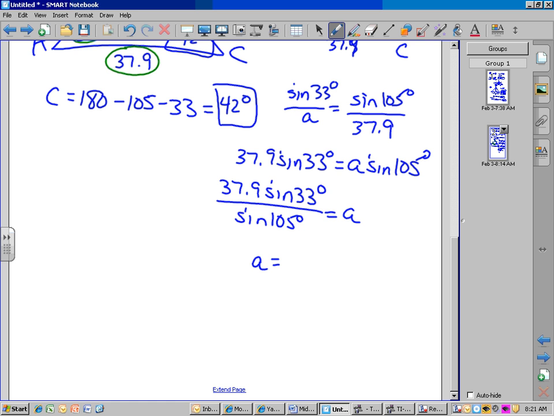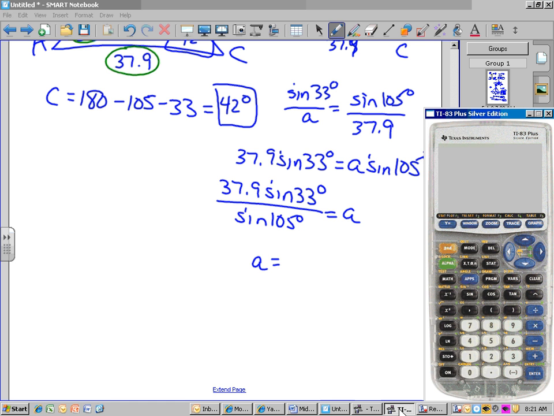So let's put that into our calculator. 37.9 sine 33 divided by sine of 105. Looks like 21 point. Well, let's see, what do we want to round to? Let's just go to the nearest tenth. So 21.4.